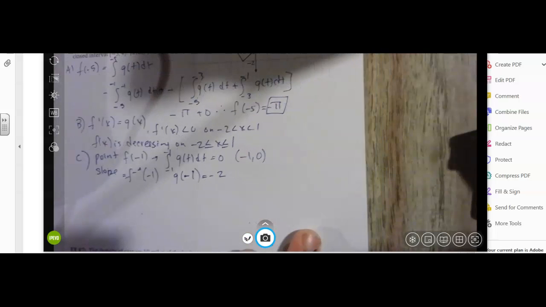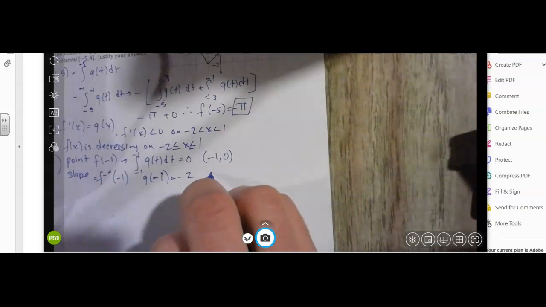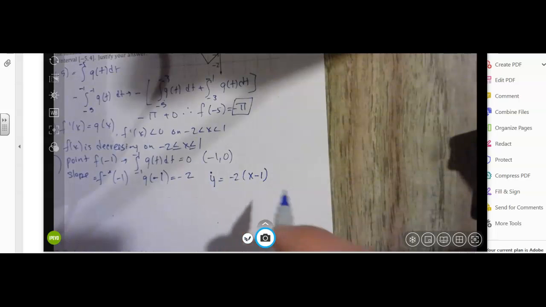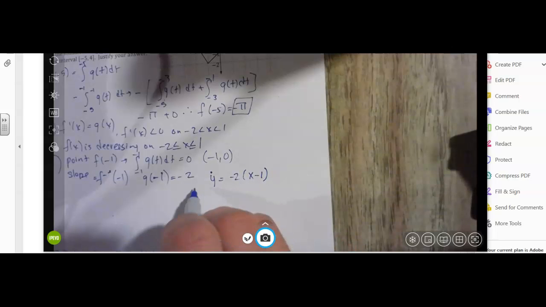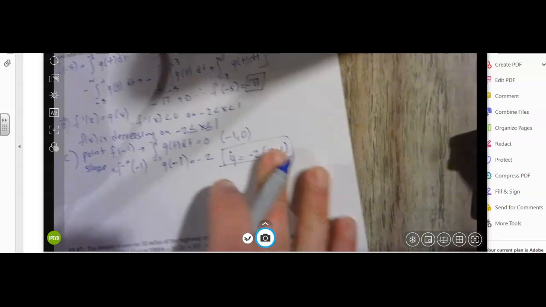So therefore the equation, we could say, is y is equal to -2 times x plus 1. It's the equation of the tangent line at -1 comma 0. So there's a 0 to put in here. That's why there's no y minus y1. It's just y minus 0.